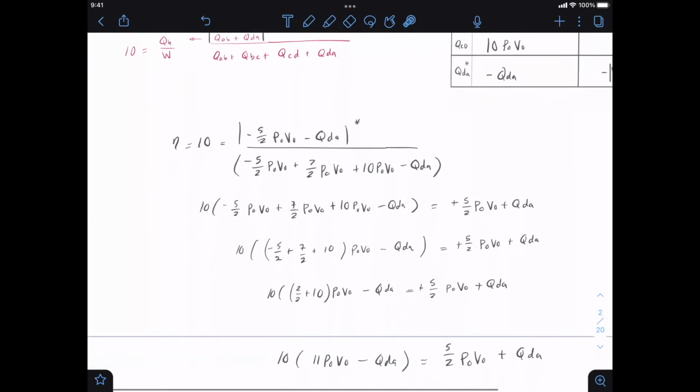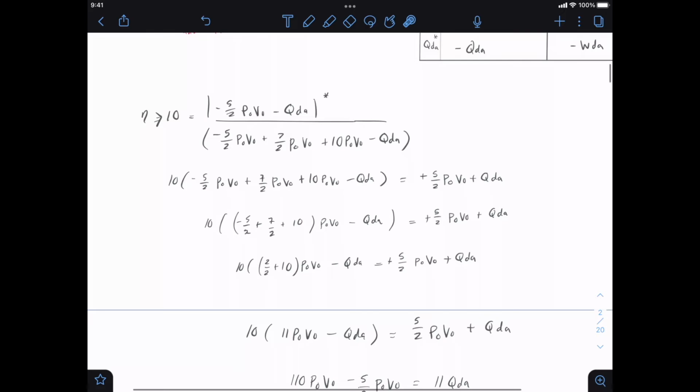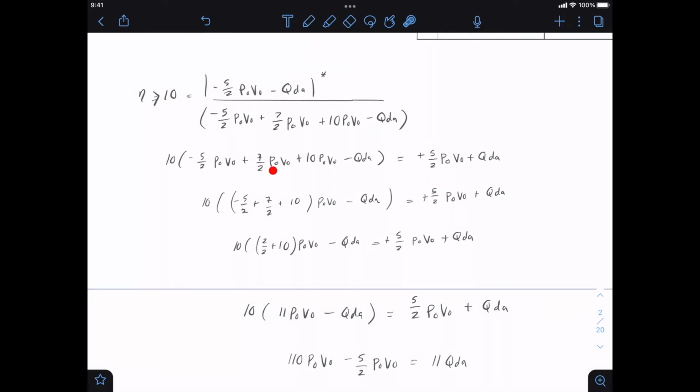So we plug them in, and we know that this COP is equal to 10, so we have 10 on one side of the equation. What I did was multiply both sides by the denominator, so now I have this 10 multiplied by the denominator, which was moved over here, equal to the numerator. And then because I have this P naught V naught term, I grouped all of the coefficients of this one.